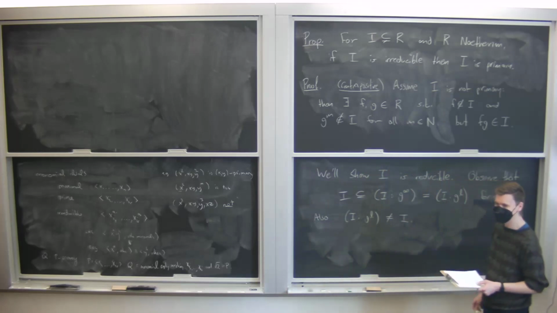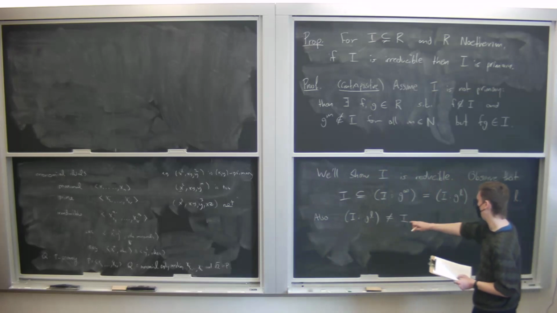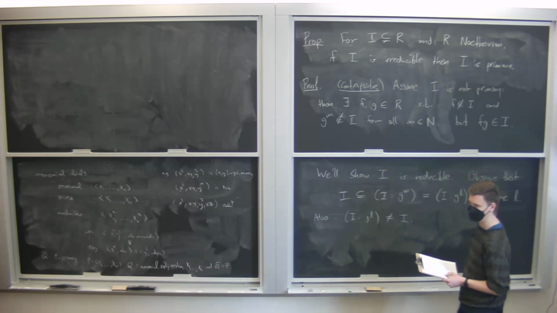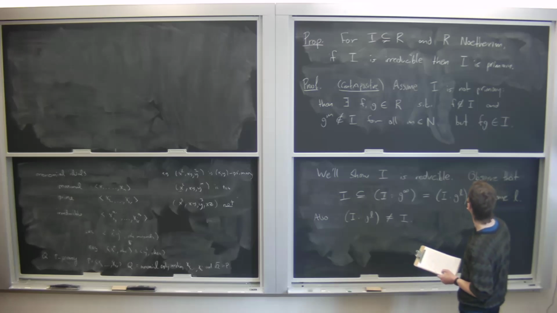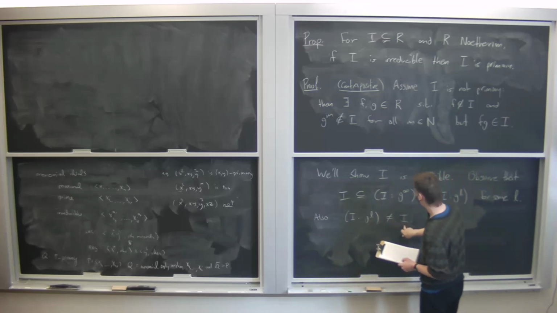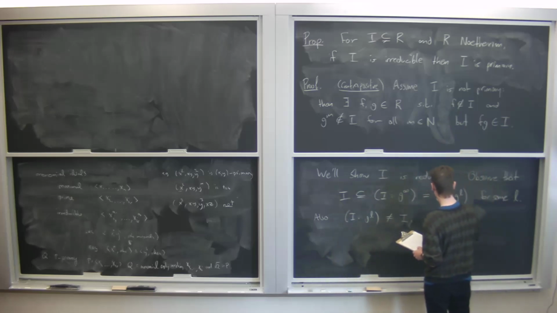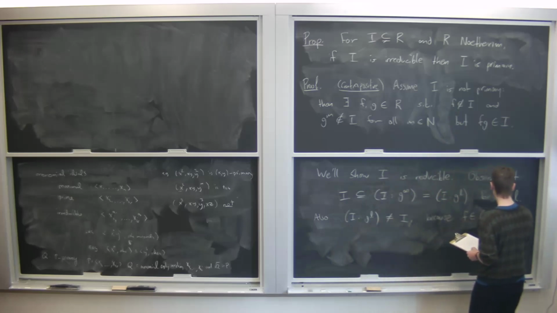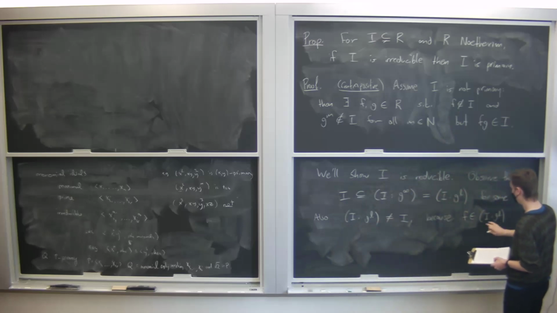What's the easy way to see that? I is contained in this. That's right. So F is in there in any case. F is in I colon G to the L, but it's not in I, because if I hit it with G, I wind up in I. So if I hit it with G to the L, I wind up in I.